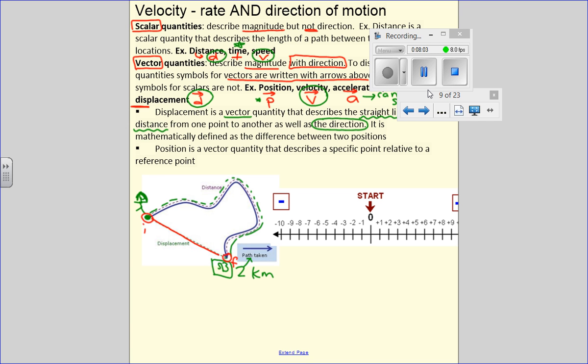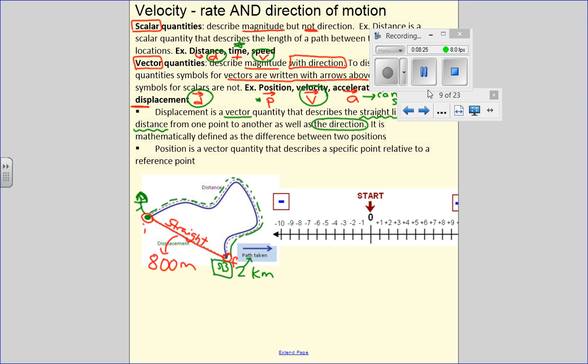So displacement here is a straight line. It's direct. There's no turning, no bending, no winding around. It's the shortest distance that I could make between those 2 points. And let's say, for fun, that that's 800 meters.